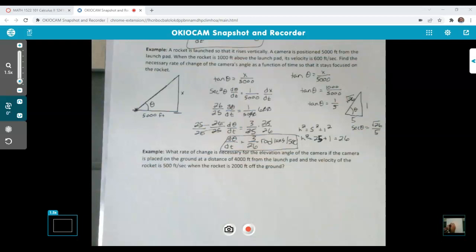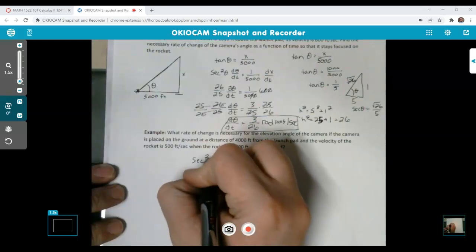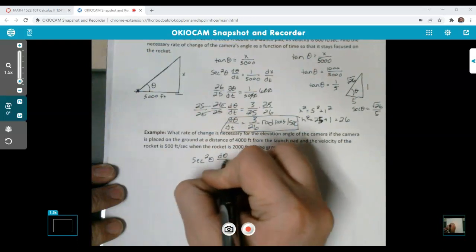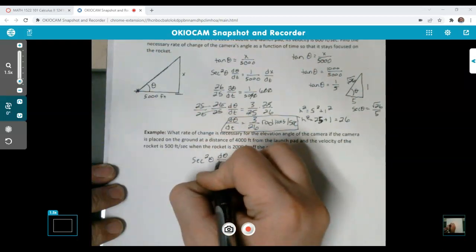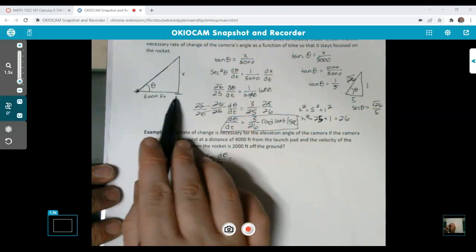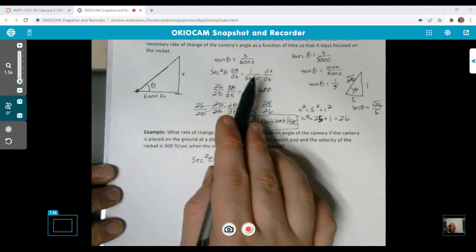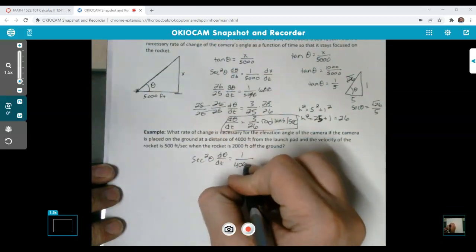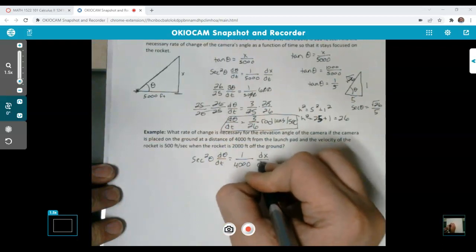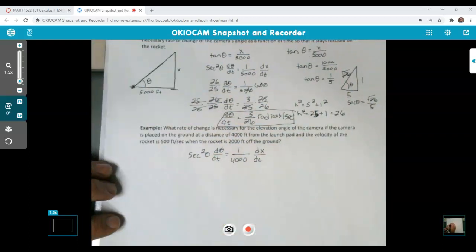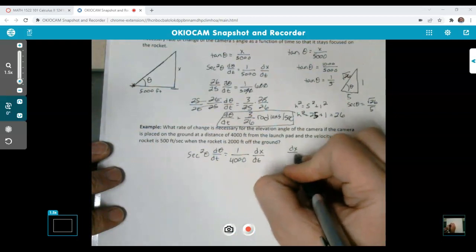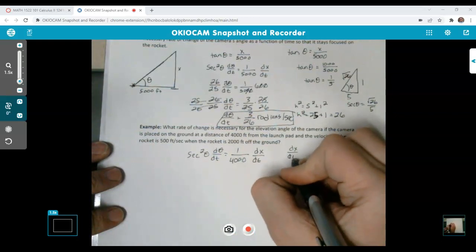It'll still be secant squared theta d theta dt equals, now since this length is 4,000 feet, it's going to be 1 over 4,000 dx dt. So now they are saying dx dt, the velocity, is 500. So I still need to know what secant squared is.